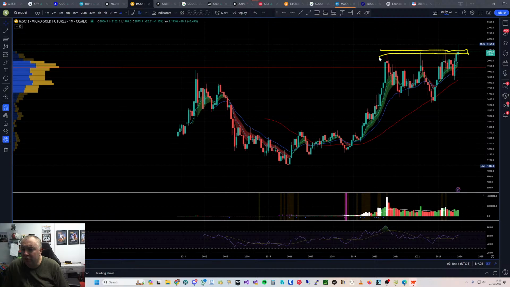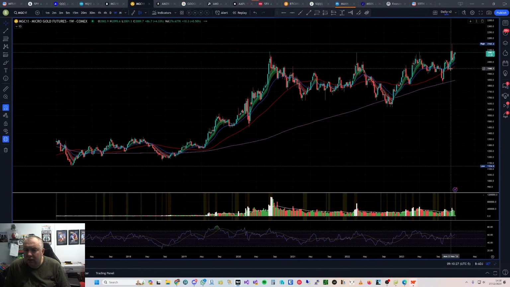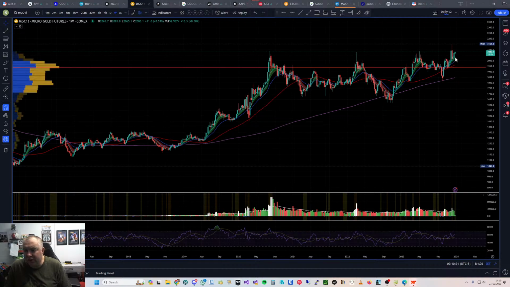So we could watch for the pullback, which we're at now, and maybe on the monthly, looking for a swing trade, we could look for the breakout of that weekly. It's looking pretty bullish right now.